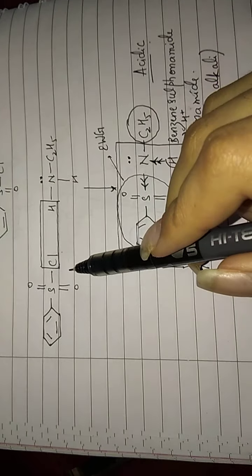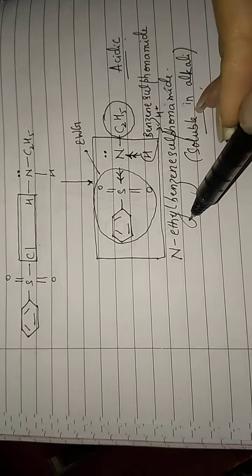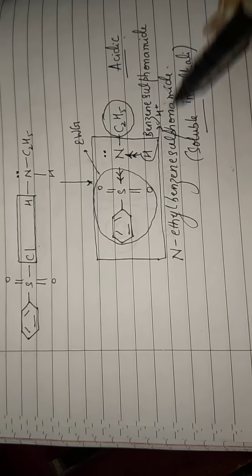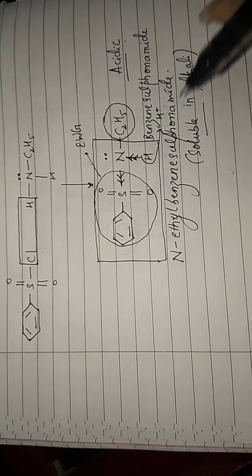So how do primary amines react with benzene sulfonyl chloride? They form N-alkyl benzene sulfonamide, which, being an acidic compound, is soluble in alkali.